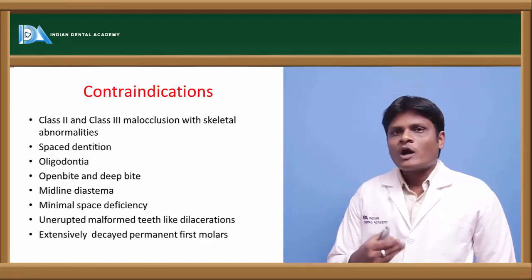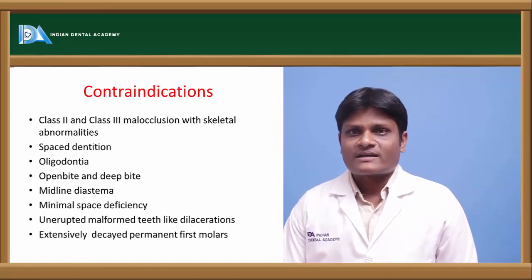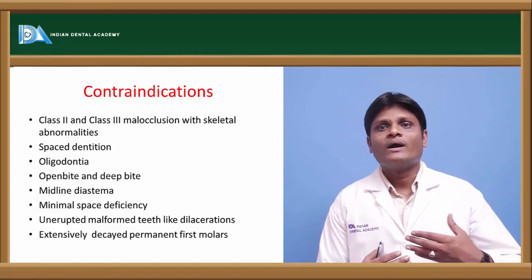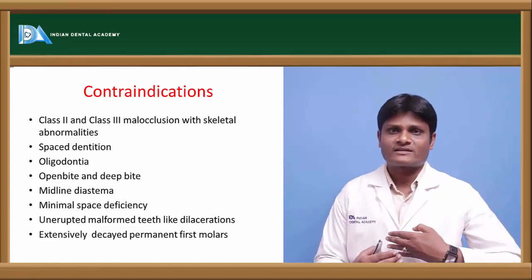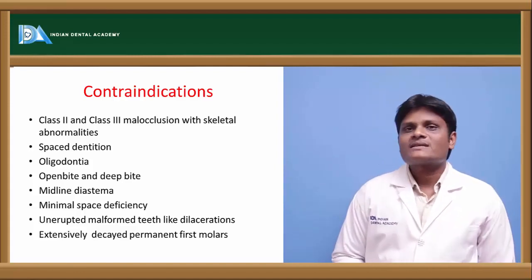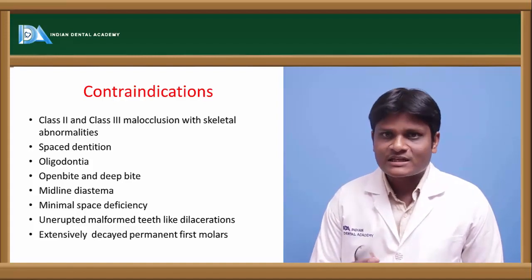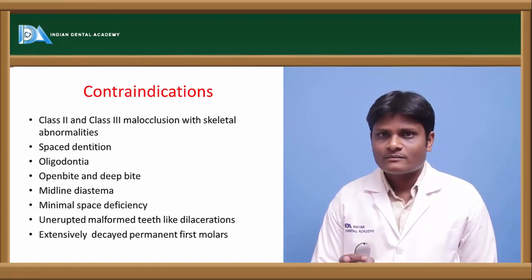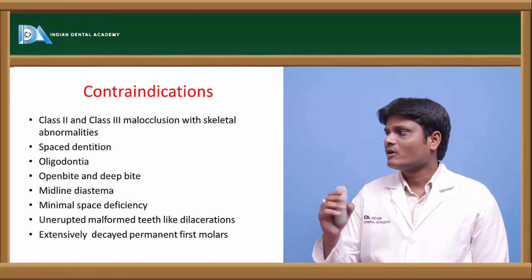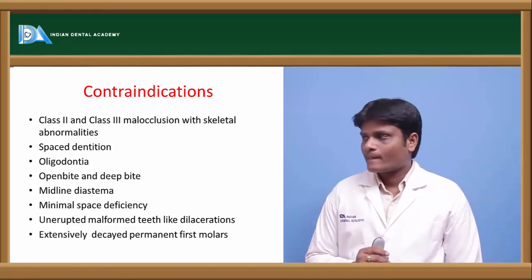Now, what are the contraindications for serial extractions, or what are the cases where we should not carry out serial extraction? Those are class 2 and class 3 malocclusions, whether skeletal or dental. It's a contraindication for serial extractions.